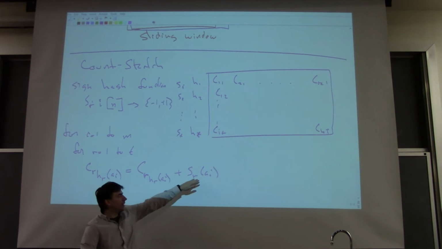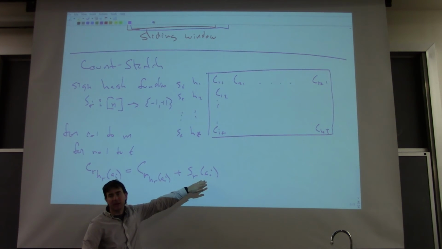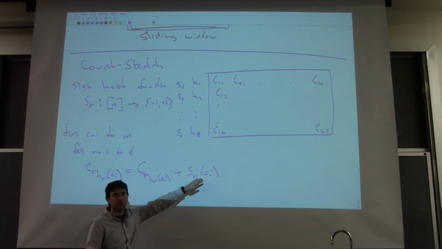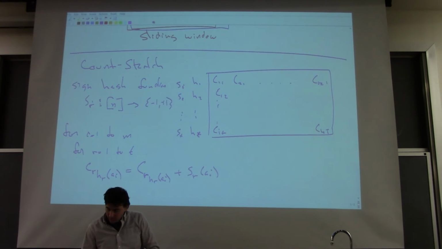So I'm going to increment or decrement depending on the sign. If I get positive, I increment the counter. If it's negative, I'm going to decrement the counter. And this is my update.